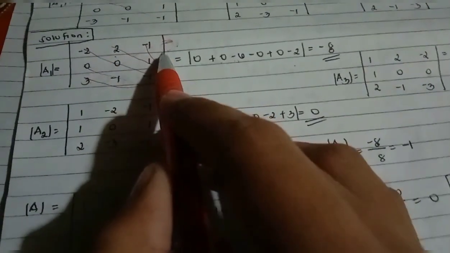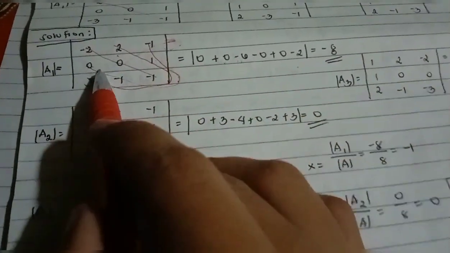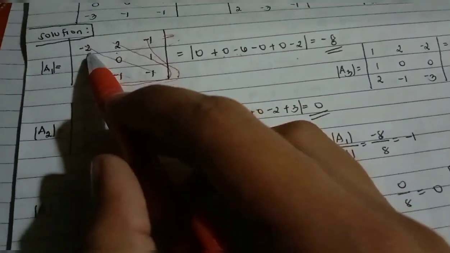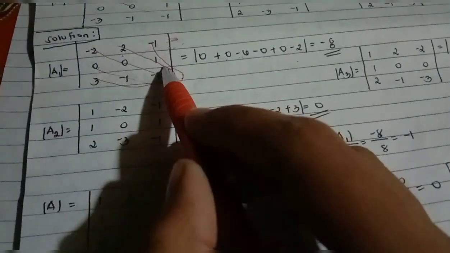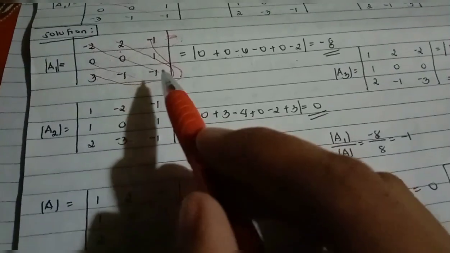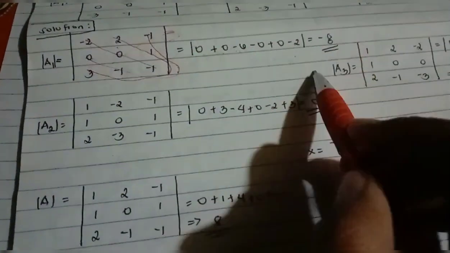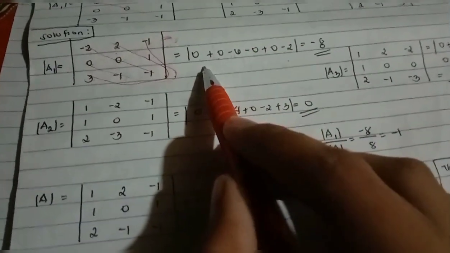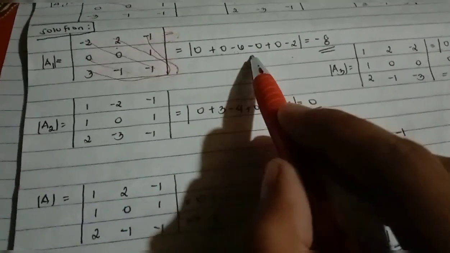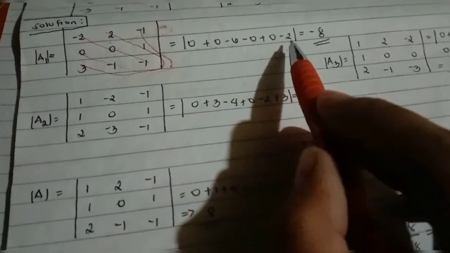Since it is negative, it becomes positive 0. Next is negative 2 times 1 times negative 1 is equal to negative 2. Since it is negative, it becomes negative 2. So 0 plus 0 minus 6 minus 0 plus 0 minus 2 is equal to negative 8.